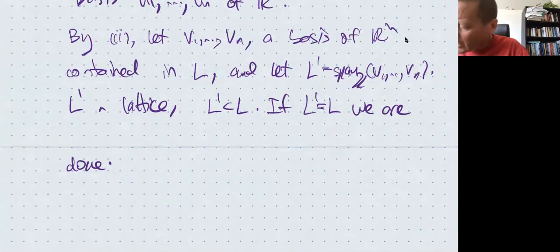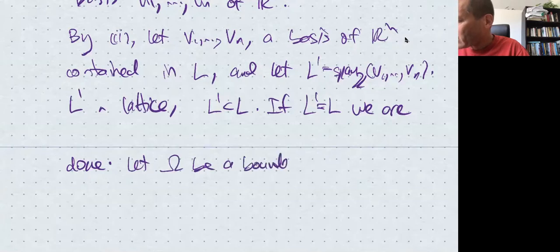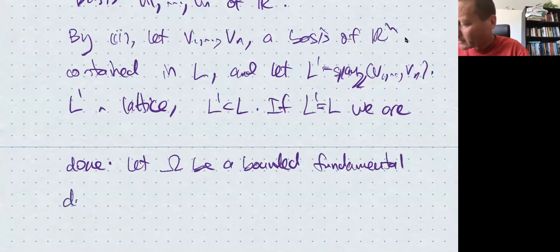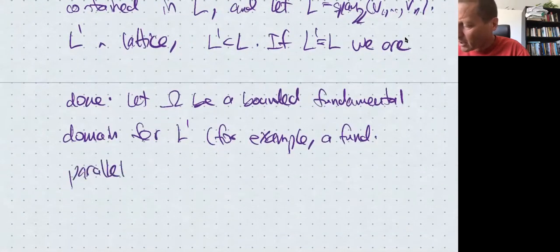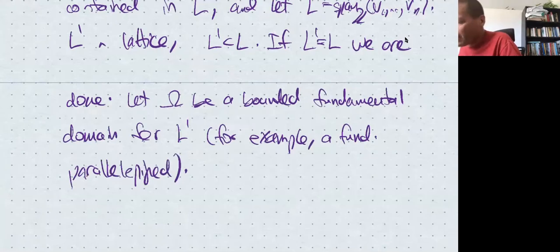Okay, so let's take a bounded fundamental domain for L prime, for example, a fundamental parallelepiped. Remember, we saw last time that every lattice has a fundamental domain, which is a bounded subset of Rn. Let's take it and let's call it omega.